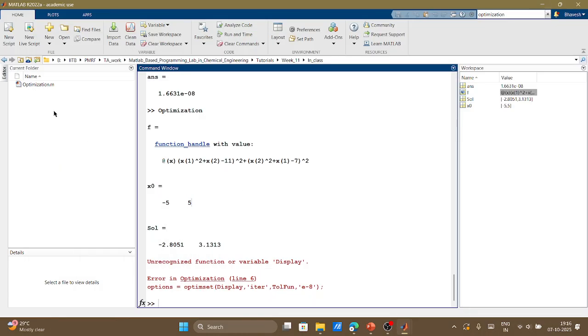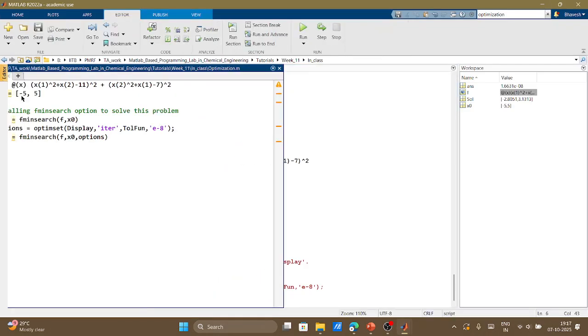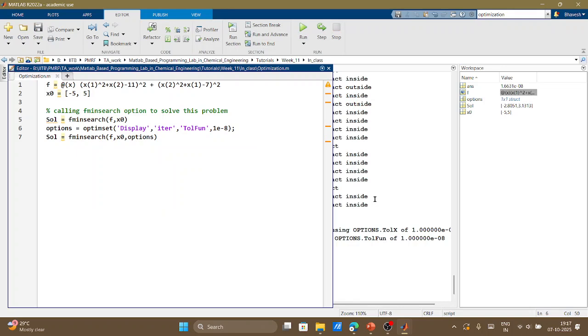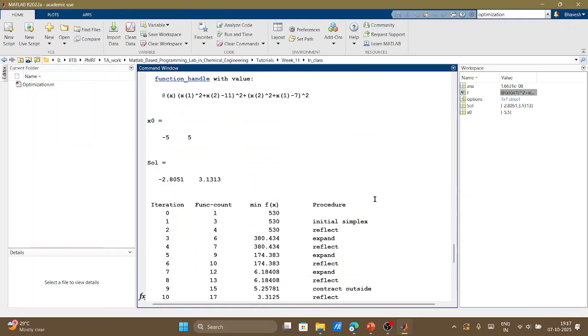I'm providing it wrong. Display also should be in the inverted comma. Tolerance value, tol function will be also, and this will represent like this. Yeah. So this is how we are getting the iteration value.